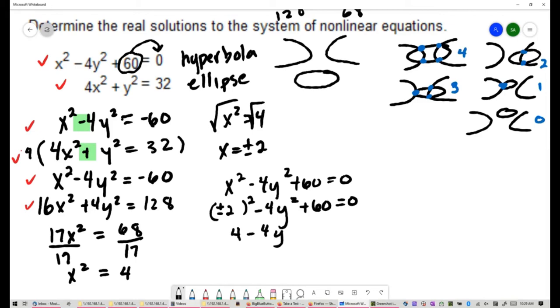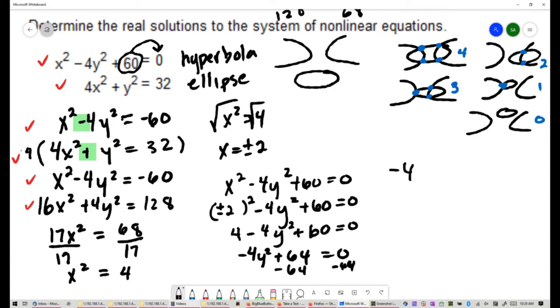So that's 4 minus 4y squared plus 60 equals 0. That's negative 4y squared plus 64 equals 0. Solve for y by subtracting 64 on both sides.